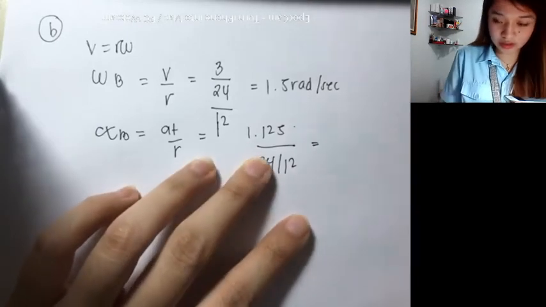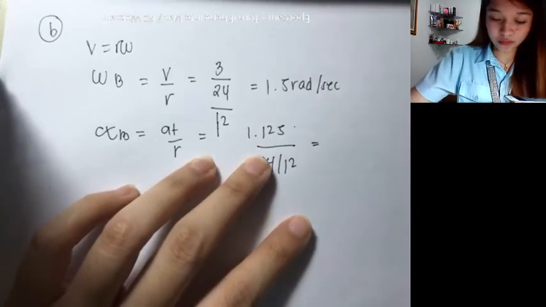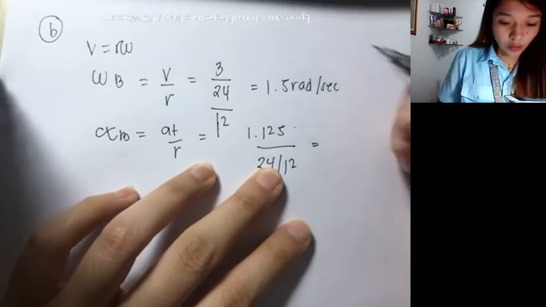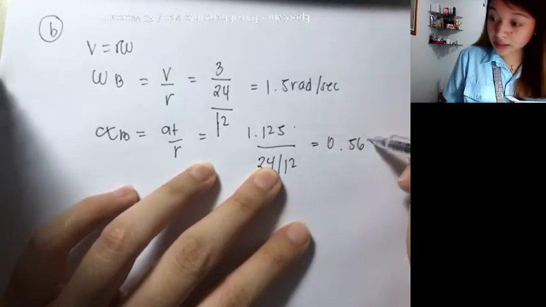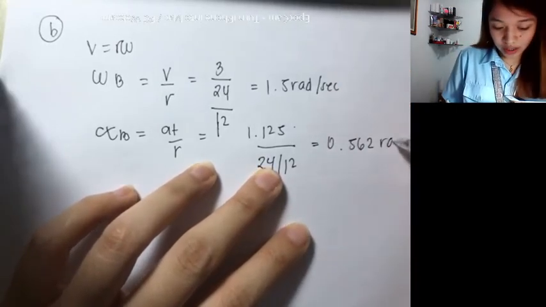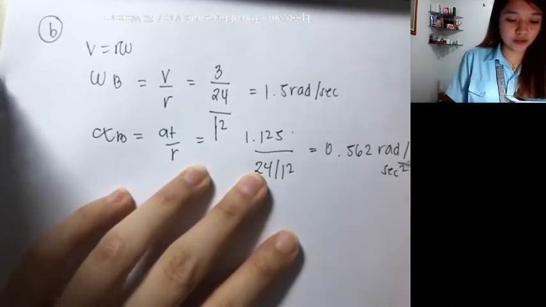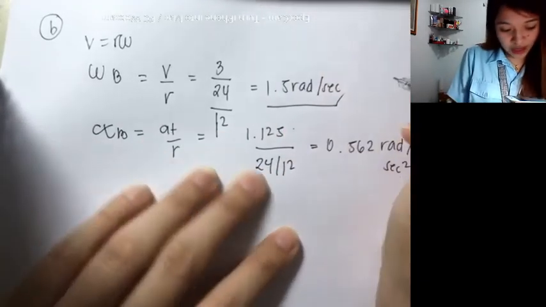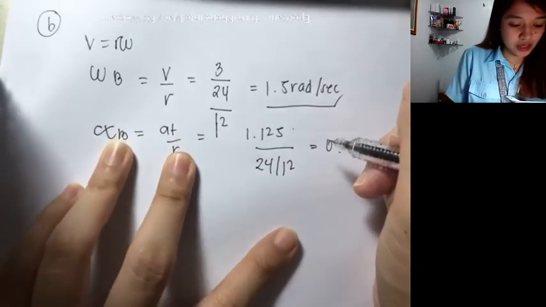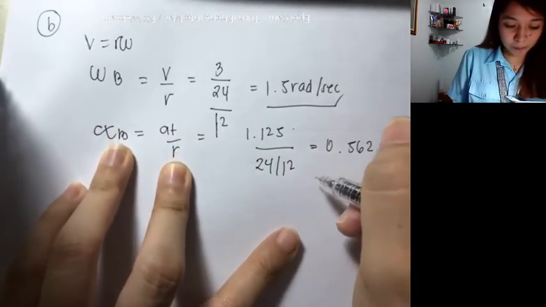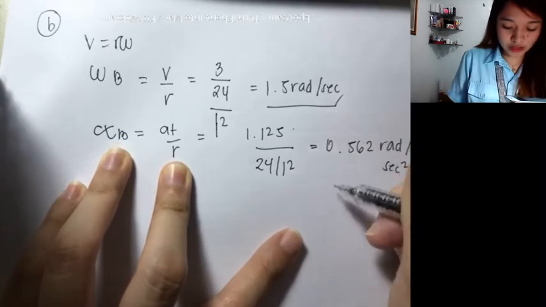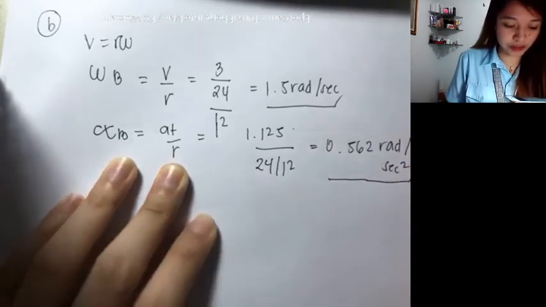Solving that, we get 0.562 rad per second squared. So that's it. We have angular velocity B and this is the alpha B.